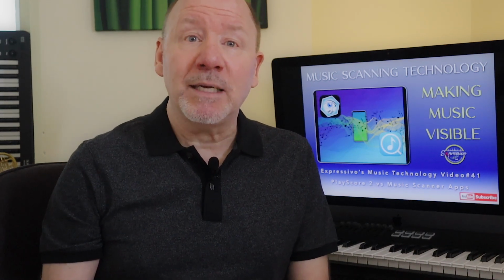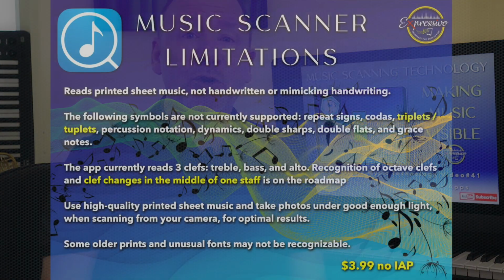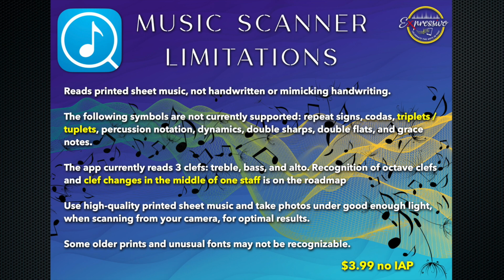To summarize, both apps are very capable and will play your desired music. However, Music Scanner has many limitations, but the two that stand out the most for me is its inability to play triplets and to read mid-bar clef changes.